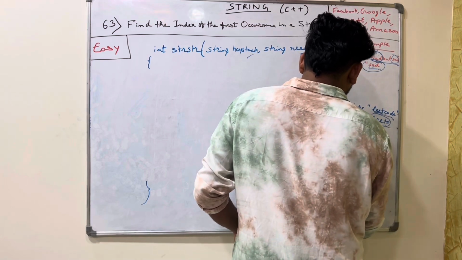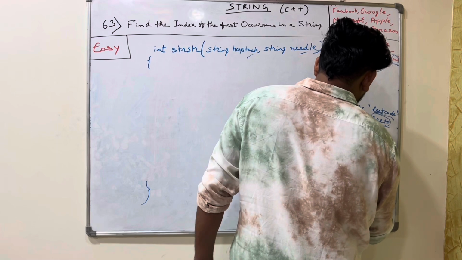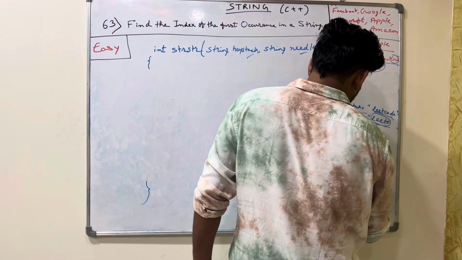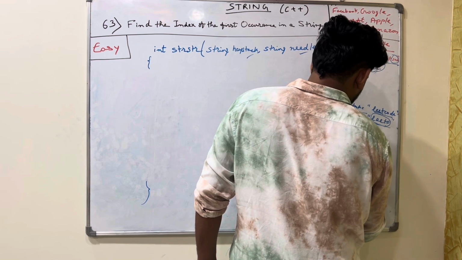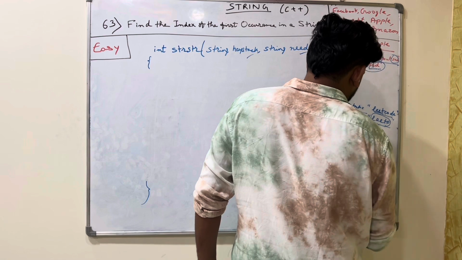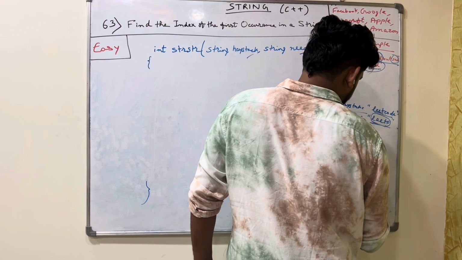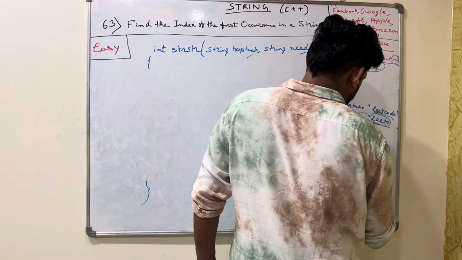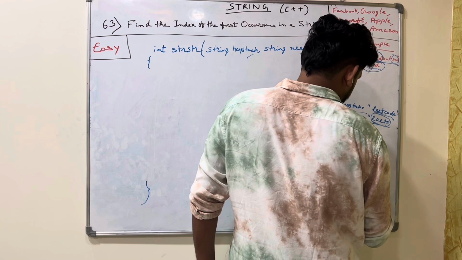If I take another example, then probably it would be clear. Say, what should I write? Computer science. Let's say computer, and I want to make some changes so that I have a repeated string.